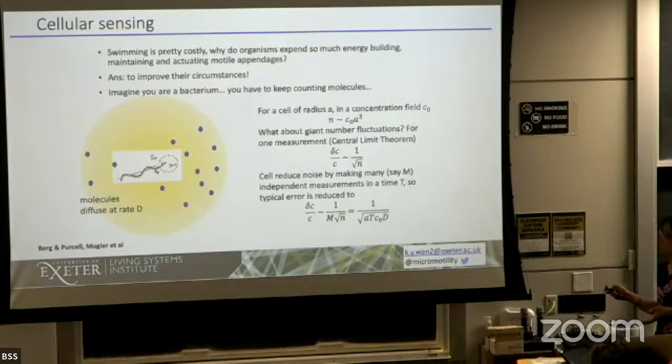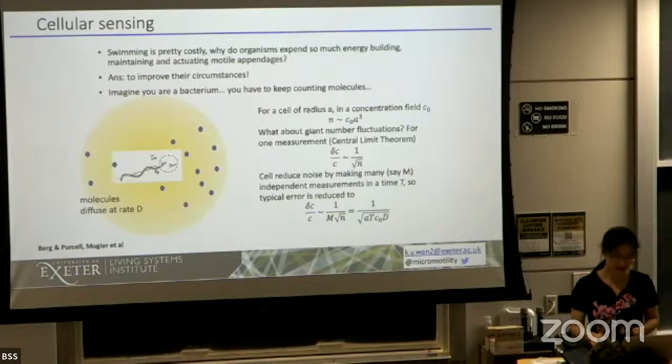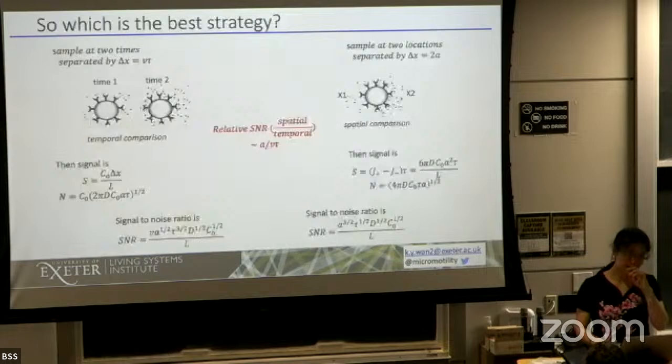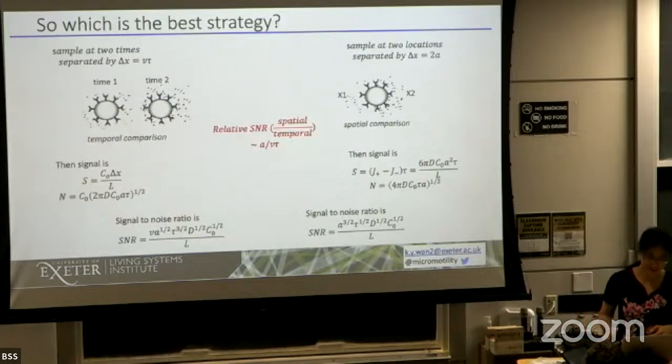If you then take t over this quantity, this gives you how many counts you are likely to make. The consequence of that is that you reduce the error in the counting significantly. I don't really have time to go into too much detail, but you can try this at home.